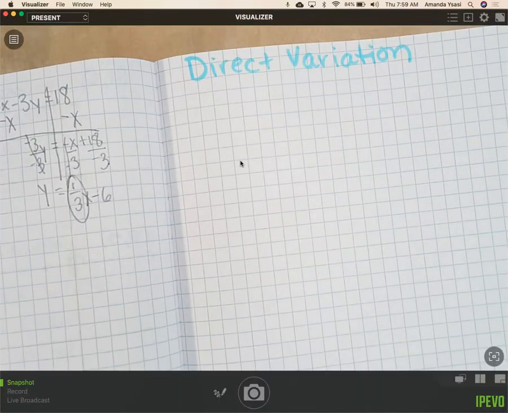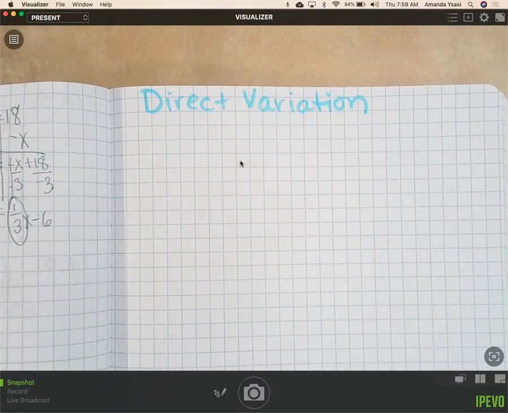Okay, so we are going to take some notes on direct variation.